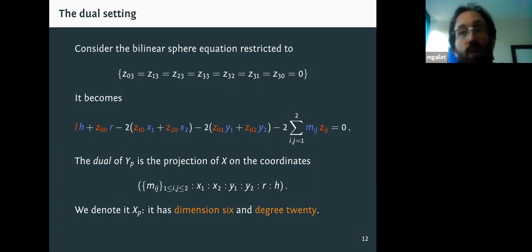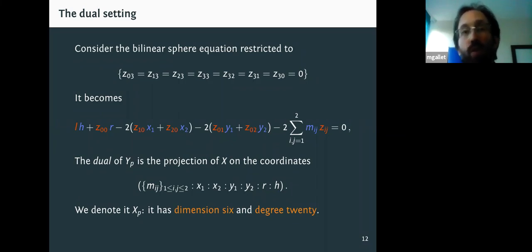And then what you can do is consider the dual space in terms of configurations. And what you get is that the dual space in terms of configurations is a projection of the P16 onto the coordinates. Essentially, we forget the coordinates that have a 3 in their index.